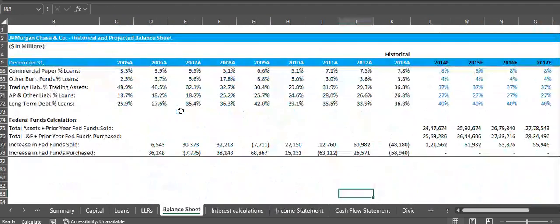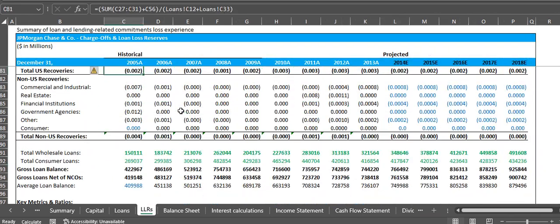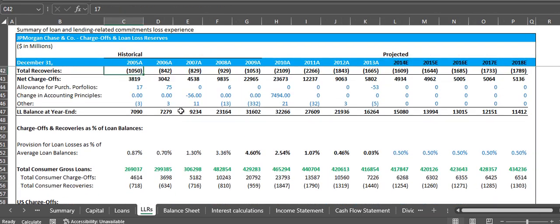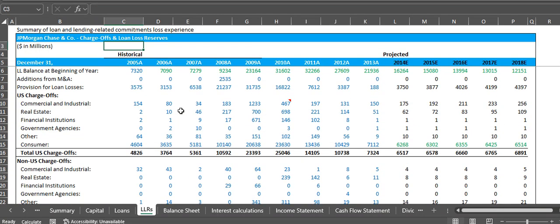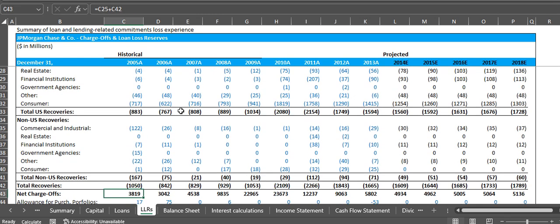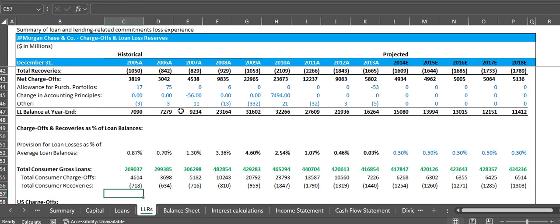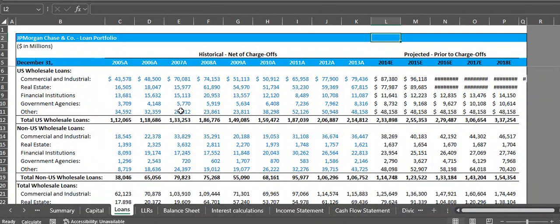Then we have the cash flow statement, or we can go ahead with the loans or LLR. This is the total market, with the non-US charges and US charges. Then we have the US recoveries and non-US recoveries, then net charge-offs. Then we have the loans regarding non-US loans or non-US wholesale loans, and the total loans.